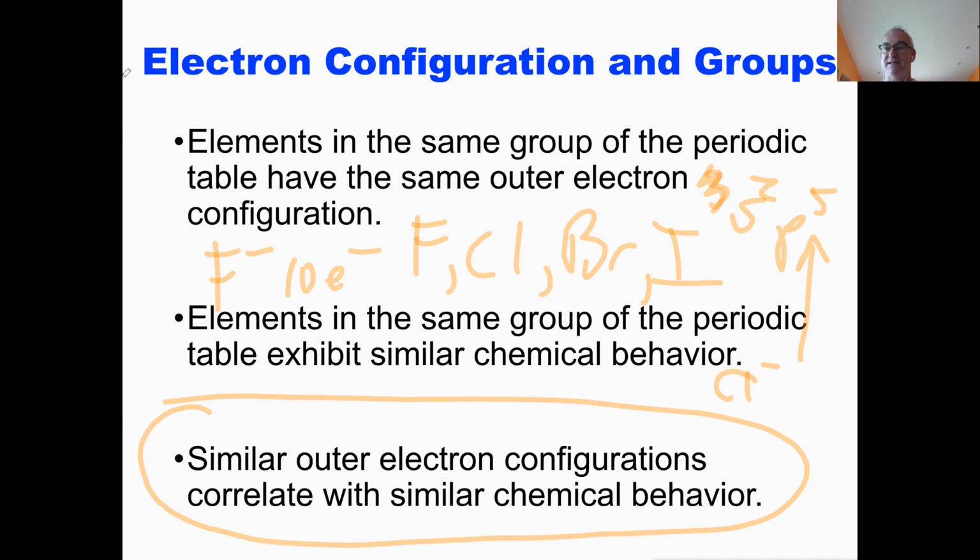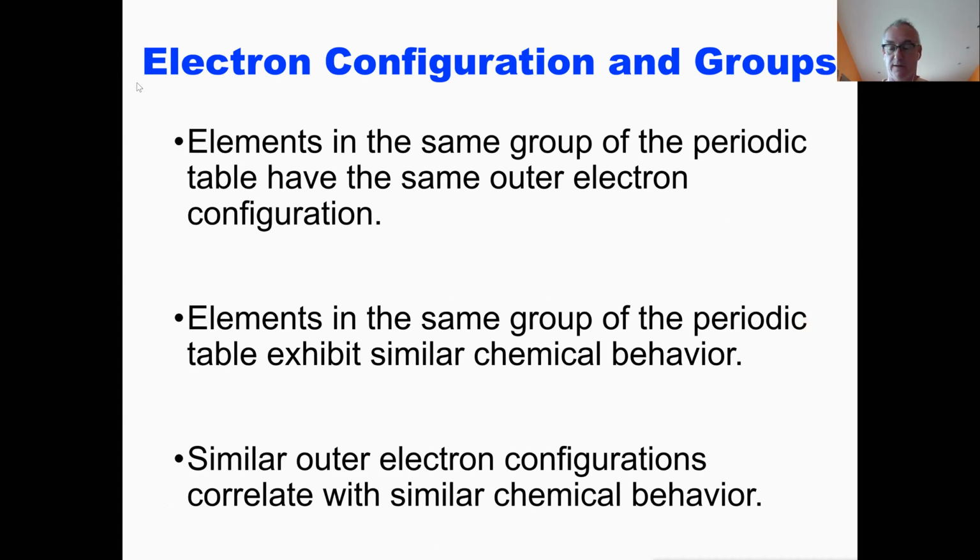Chloride has 18 electrons, and so forth. And so they all gain electrons this time in order to look like a noble gas, rather than losing an electron like the elements in group 1. So let's have a look.